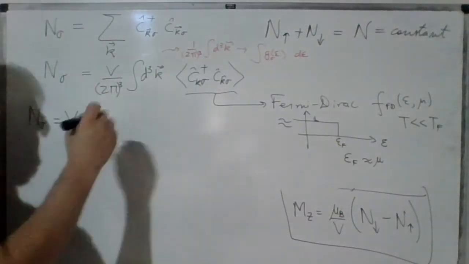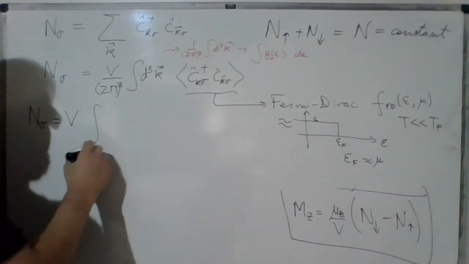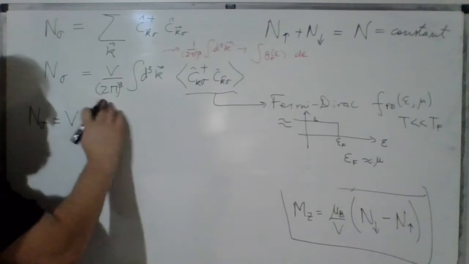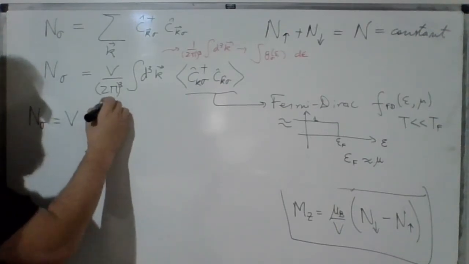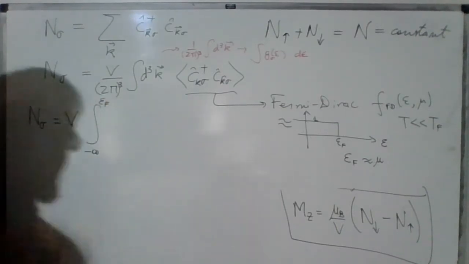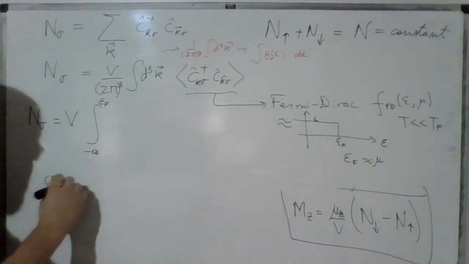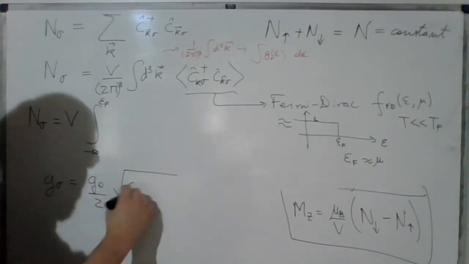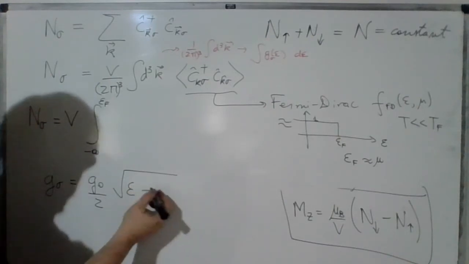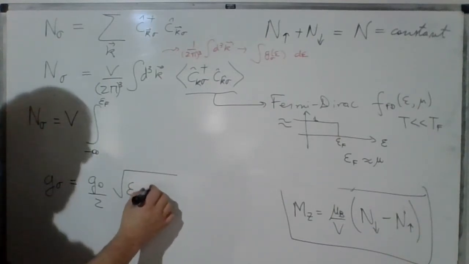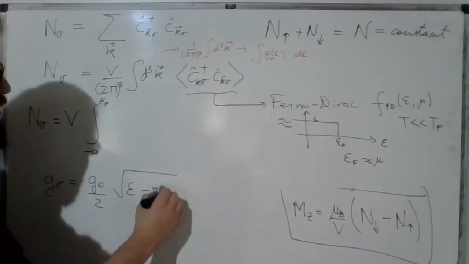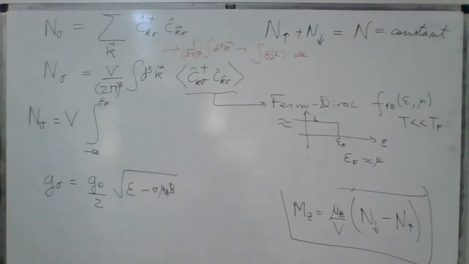We have therefore an integral from minus infinity to the Fermi level, or better, because G sigma is just G0 over 2 times the square root of the energy minus sigma times Bohr magneton times magnetic field.